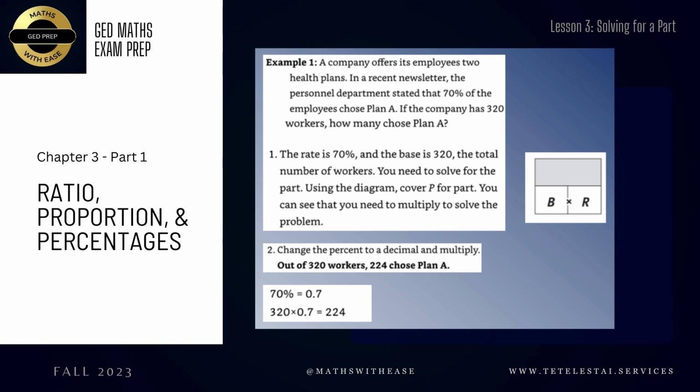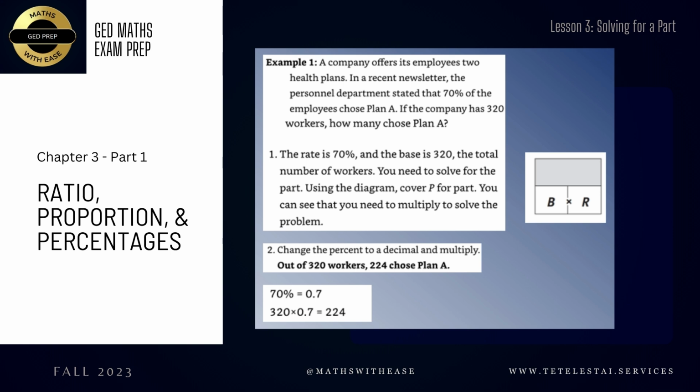When you see 70%, that represents 70 over 100. And another way of writing that is that you drop the percentage sign and then you move your decimal 2 places over to the left. So 1, 2, your decimal point would be here, and 70%, you can now write it as 0.70, right?